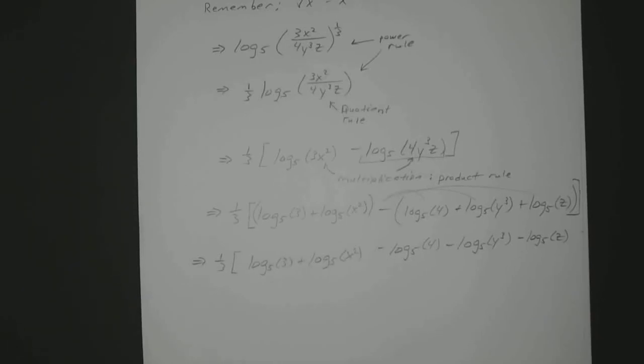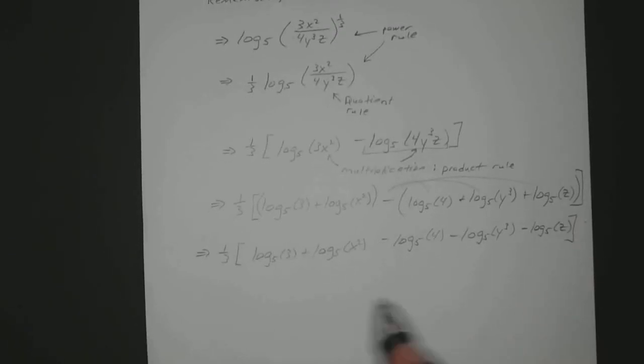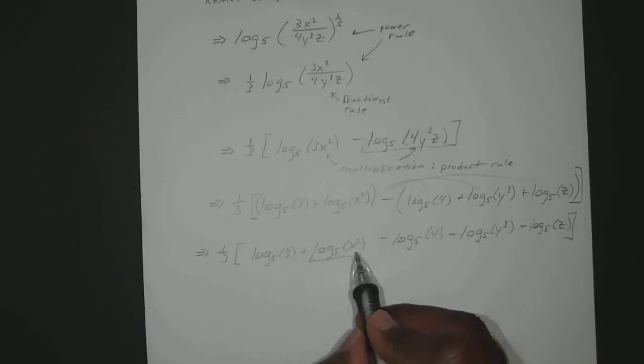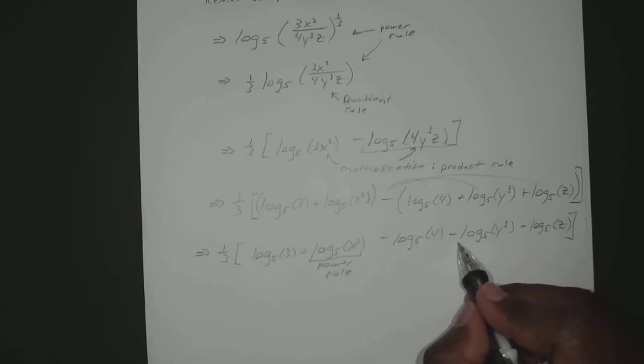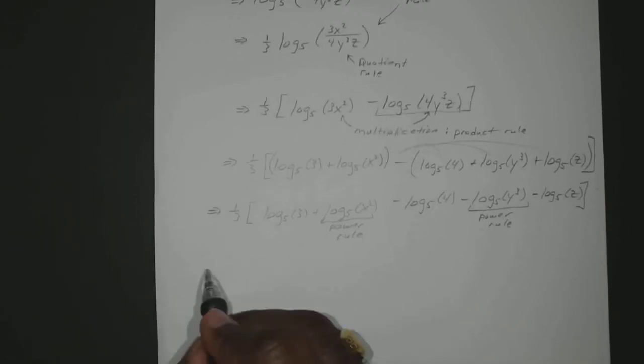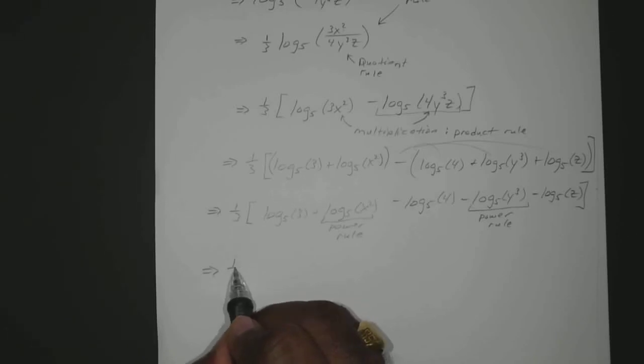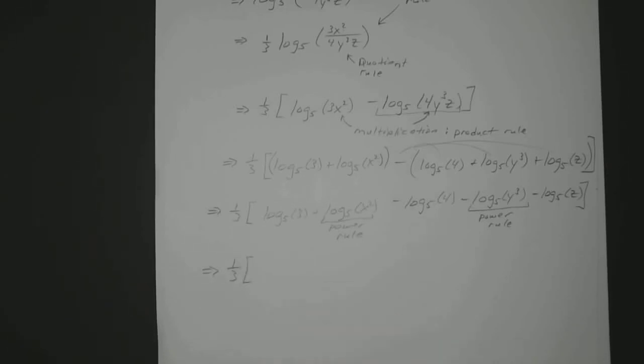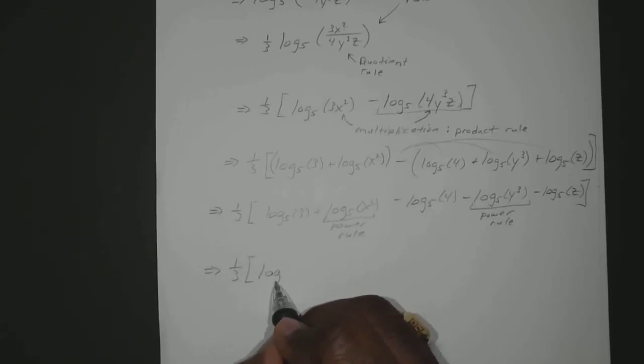Okay. Now if you wanted to, you could have just went ahead and did the power rule in each one of those, but we're going to use the power rule here, and we're going to use the power rule there, which gives us our final answer of 1/3 times log base 5 of 3.